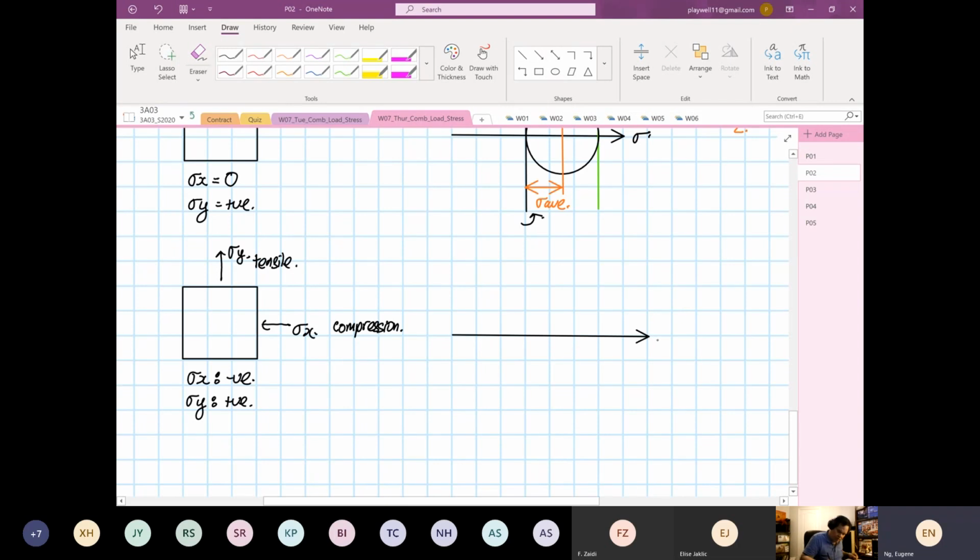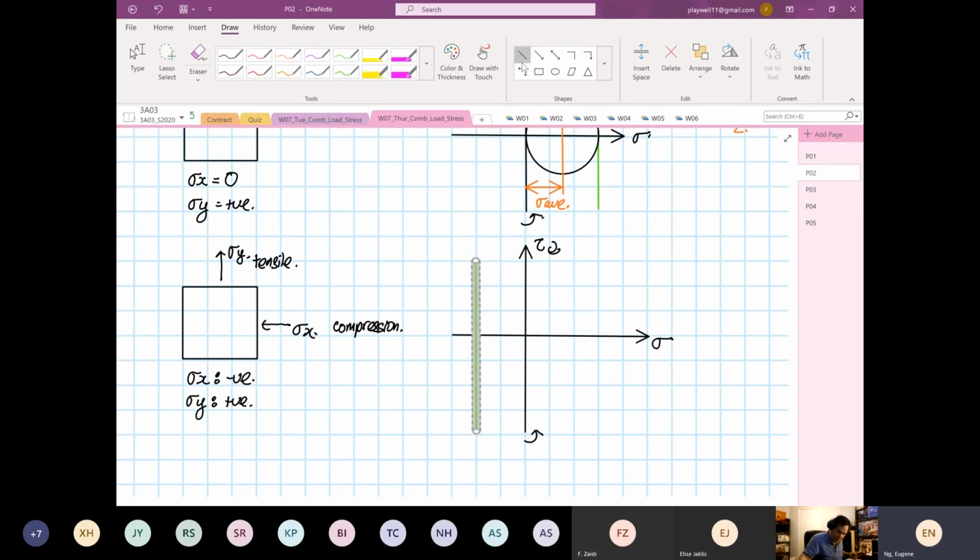Okay, so this is our normal stress. Again, then we have our shearing stress. Element rotate clockwise, element rotate anti-clockwise. Then we have our lines. So this will be our stress X because it's in compression.